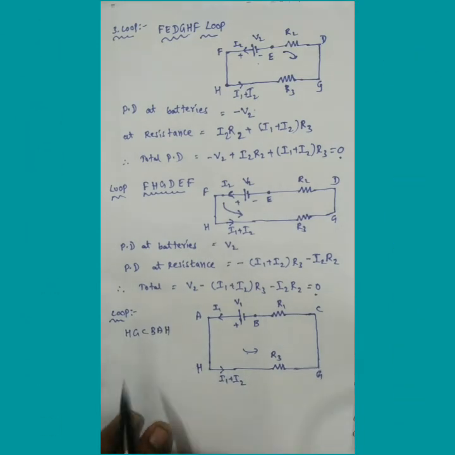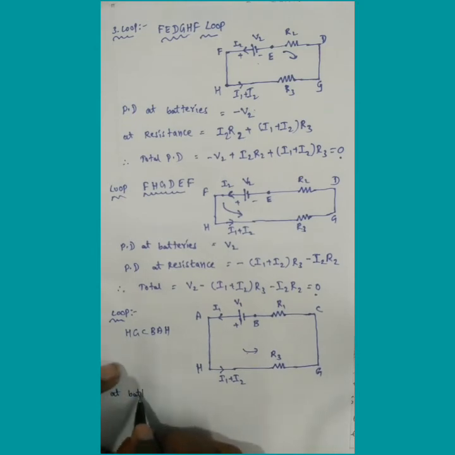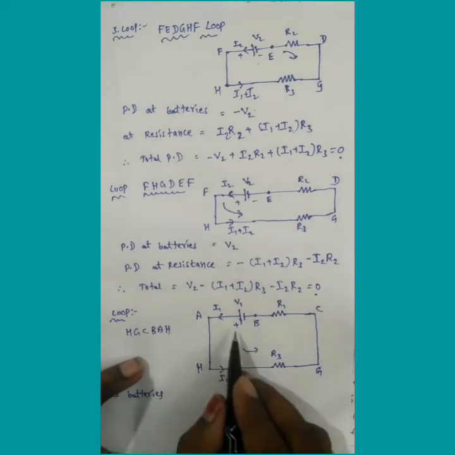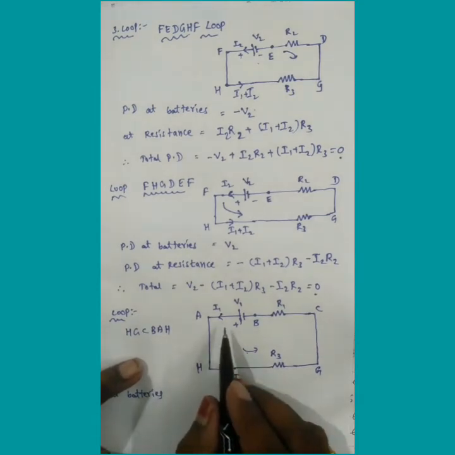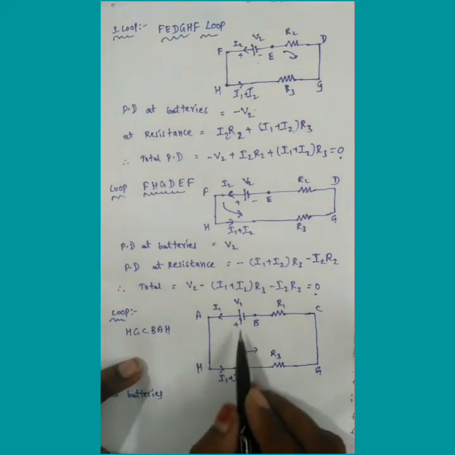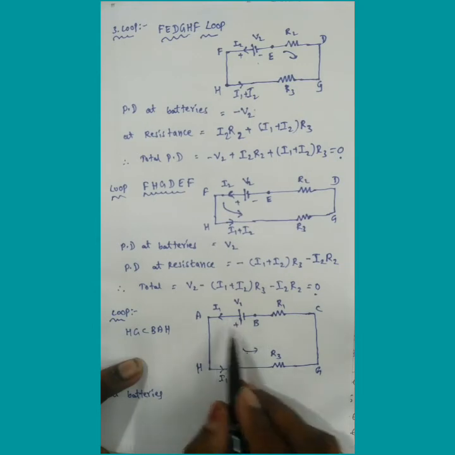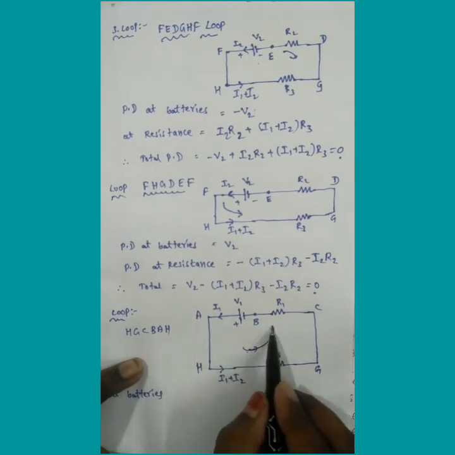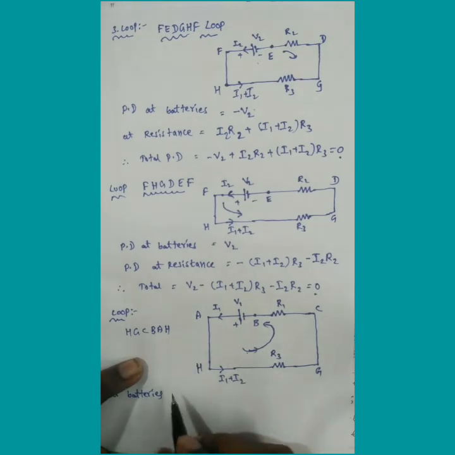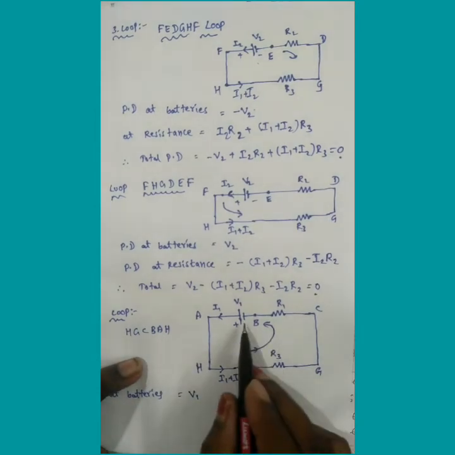That means H, G, C, B, A, H. How many batteries are here? Only one battery, and the direction of the current is also in this direction, and we are taking the loop along this direction. That way the potential difference we have to take as positive.